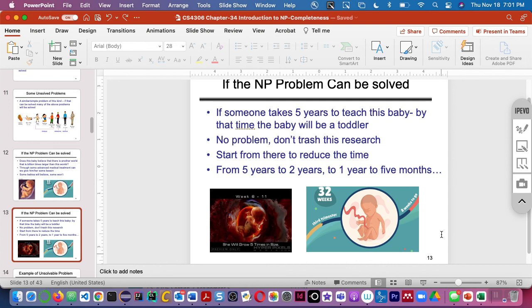In many cases, medical science. I know my friend in Atlanta. Before his baby was born, when the baby was about 20 weeks, the doctor detected that the baby's heart was not matured.